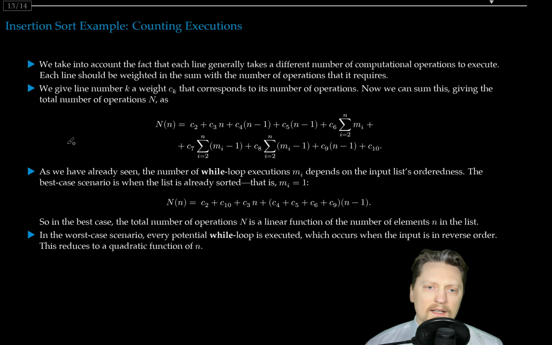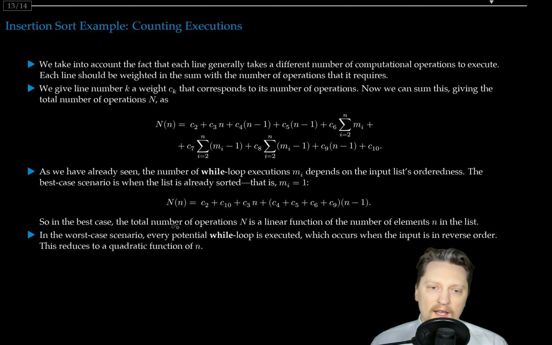As we have already seen, the number of while loop executions mi depends on the input list's orderedness. The best case scenario is when the list is already sorted, that is, mi equals 1. That would simplify our expression down to this expression.